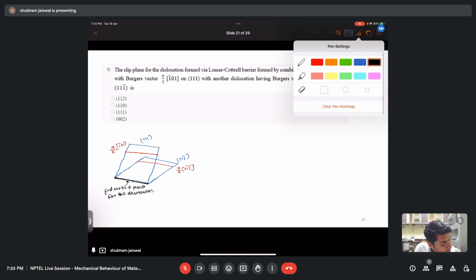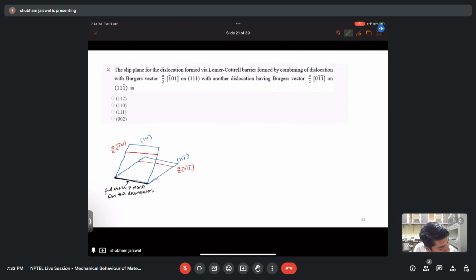As this is the Lomer-Cottrell lock, the Burgers vector will be the summation of these two dislocations, and the line vector will be the cross product of these two planes, 1 1 1 and 1 1 1 bar. We also need to find the Burgers vector, which will be b1 plus b2.